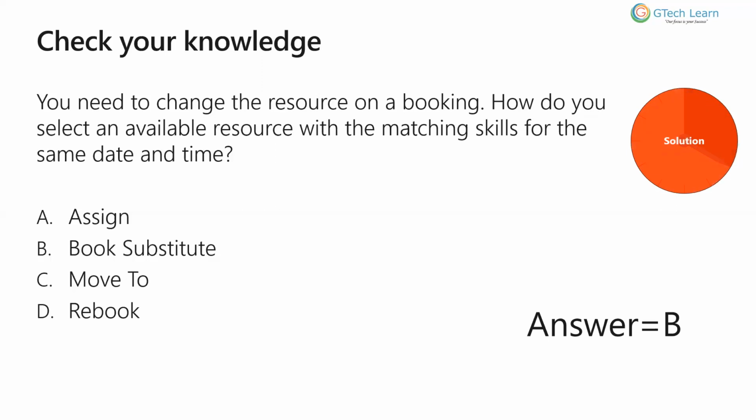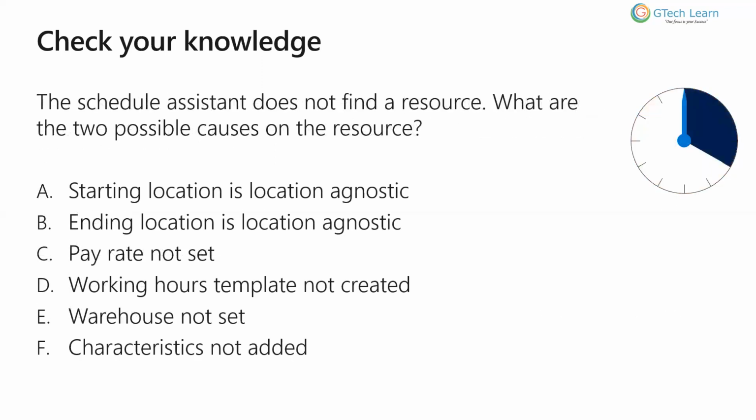Okay, so the correct answer for that question is going to be option B, book substitute. The next question we are having in line is, the schedule assistant does not find a resource. What are the two possible causes on the resource?